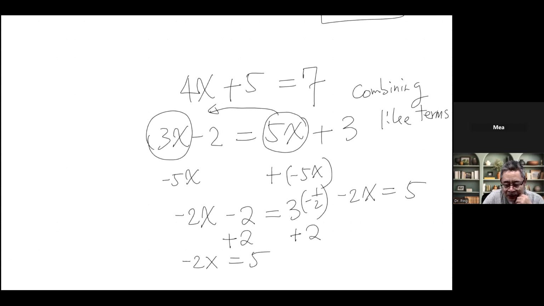And so we do the same thing because negative 1/2 is the reciprocal of that. So negative 1/2 times that gives us 1. So this 2 multiplied gives us 1. 1 times x is x. On this side, we'll call 5 times negative half, which basically is negative 5 over 2. And that's how we can find what x is.